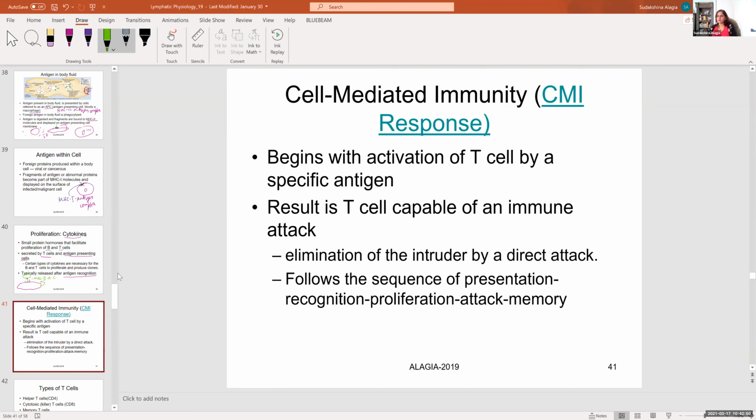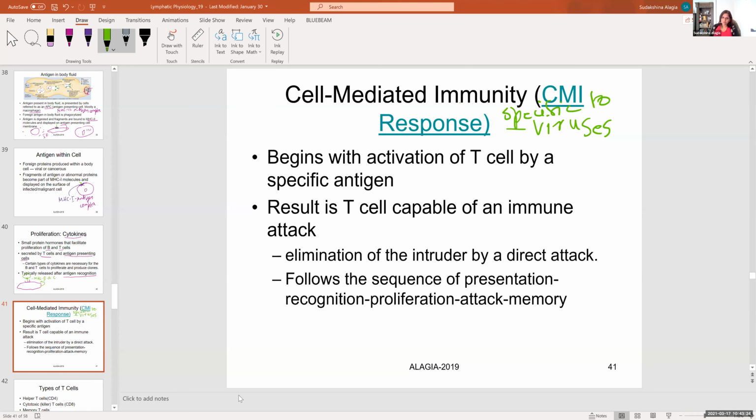Let's talk about the CMI response, the cell-mediated immune response. Okay, I think I'll go at least 5 minutes over time. So basically, the CMI response, which is very specific, typically specific to viruses, begins with activation of a T cell by a specific antigen.